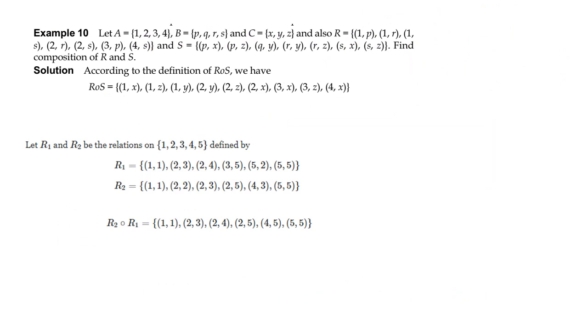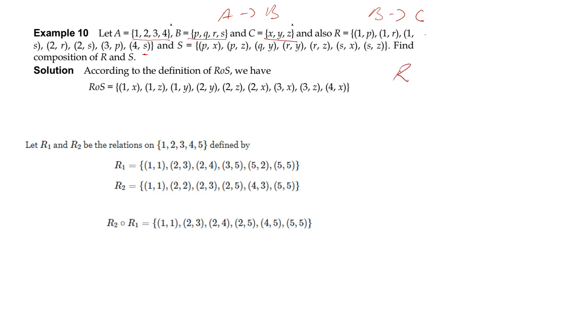Let's see certain examples. Let's take this. If A is equal to {1, 2, 3, 4}, let it be the set. B is the set {P, Q, R, S}, C is the set {X, Y, Z}. And we have defined certain relations over here. The relation R is defined from A to B and the relation S is defined from B to C. Right? The composition of this will be, now how do we find the composition? Let's do one thing. Let's solve this question.